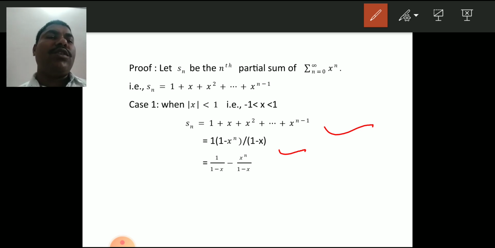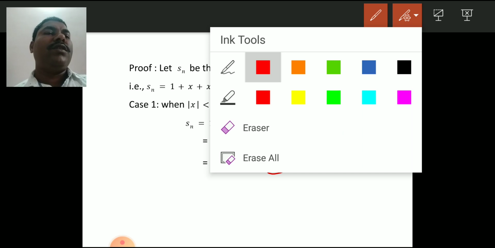Next, that is equal to 1 by 1 minus x minus x raised to n by 1 minus x, because the denominator is the same, so we separate the terms as 1 by 1 minus x minus x raised to n by 1 minus x.